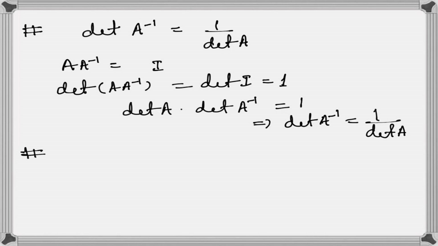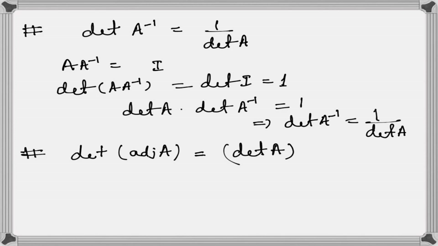Okay. So now another one is related with the adjoint. Determinant of adjoint A can be obtained from the determinant of A, raised to the power n minus 1, where A is an n cross n matrix.